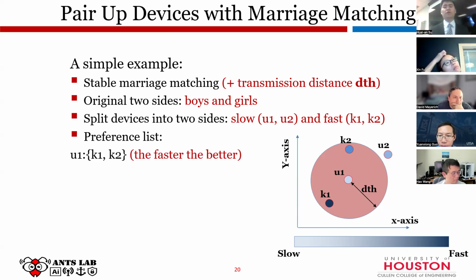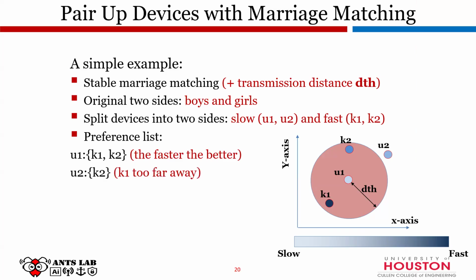So here the order is K1 over K2. The faster the better. In the other example, U2 unfortunately doesn't have the distance to reach K1, so the preference is only K2, K1 being too far away. With that, the final device pairs will be as follows: U1 will be paired up with K1 and U2 will be paired up with K2.